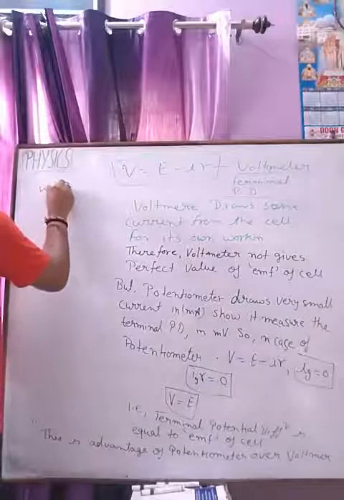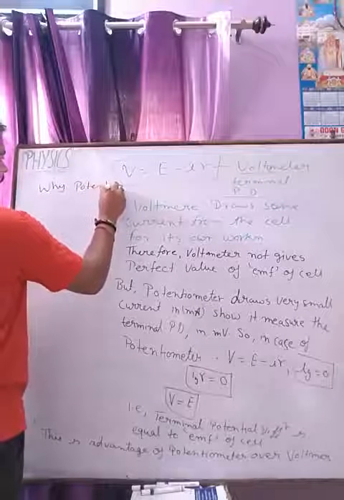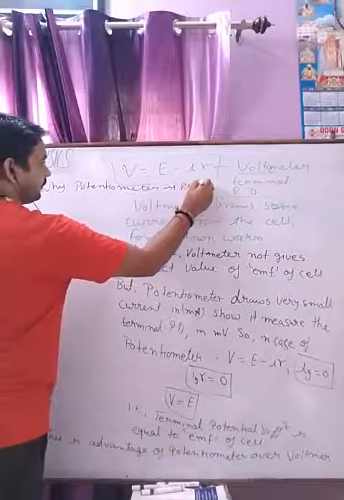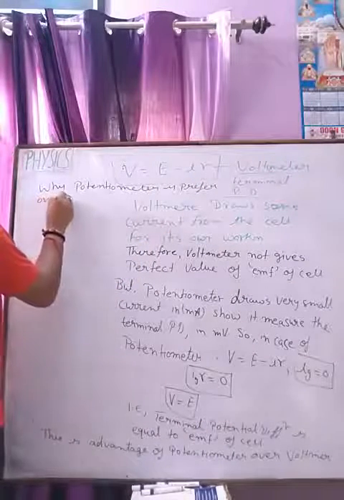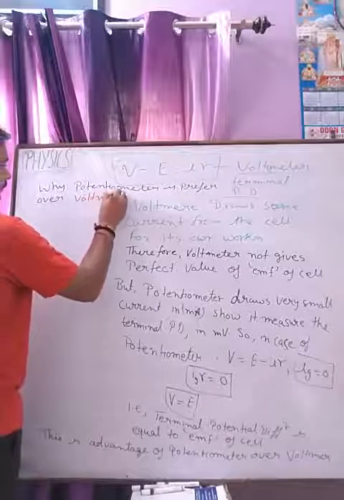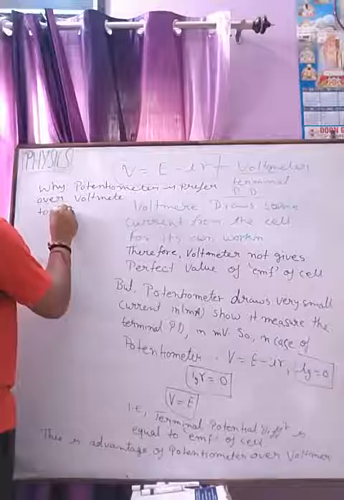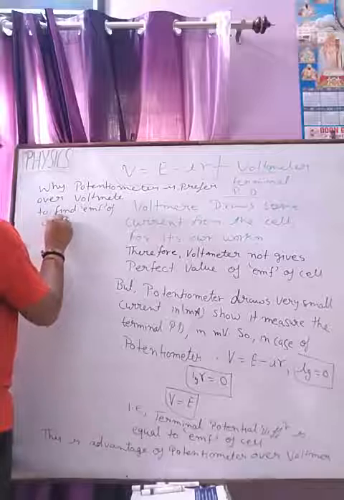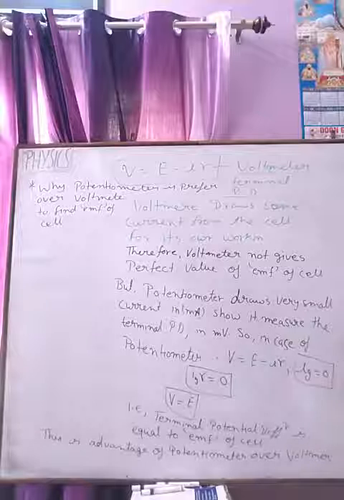Why is the potentiometer preferred over a voltmeter to calculate or to find the EMF of a cell. Thank you.